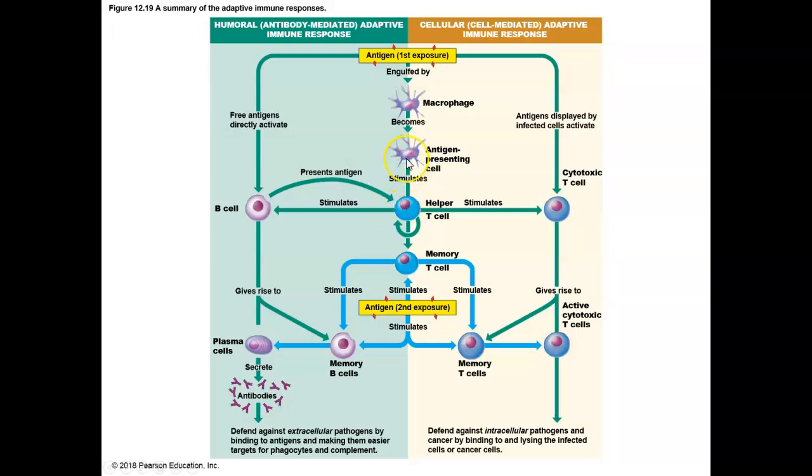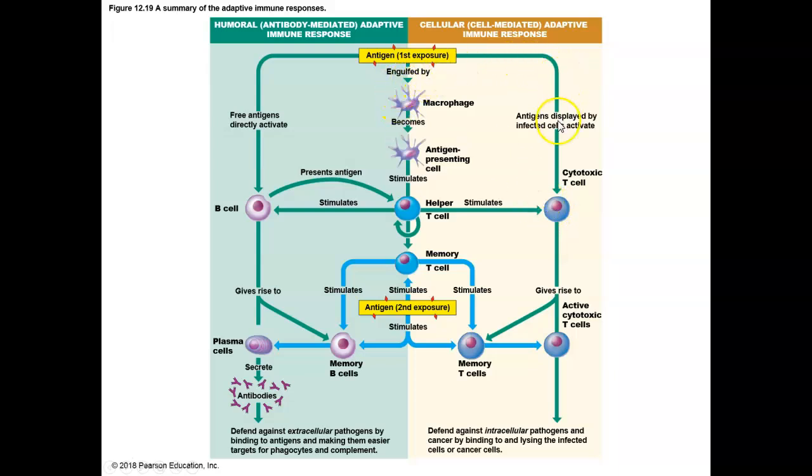The helper T cell gets stimulated by the antigen presenting cell, and it releases chemicals to stimulate B cell activity. We also have free antigens that stimulate B cell activity. The B cells then proliferate and differentiate into plasma cells and memory B cells. Plasma cells secrete antibodies. Over here, helper T cells stimulate cytotoxic T cells.